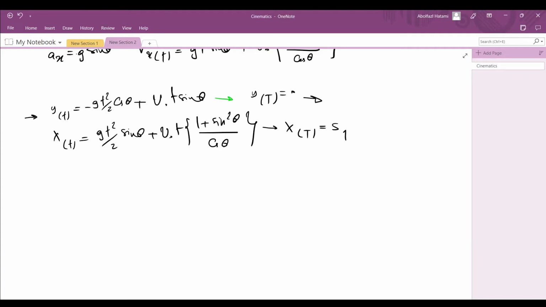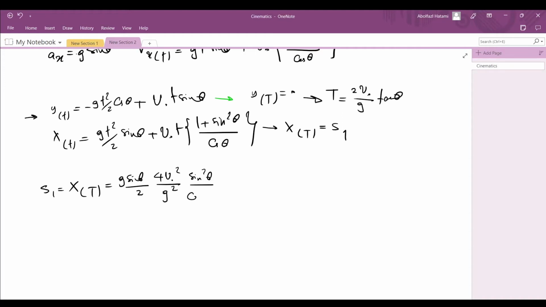If I solve this equation, T is again 2v0 divided by g tangent theta, and so S1, that is x of T, is going to be g sine theta divided by 2 times capital T square, that is 4v0 square divided by g square sine square of theta divided by cosine square, plus v0 times 1 plus this expression and this.